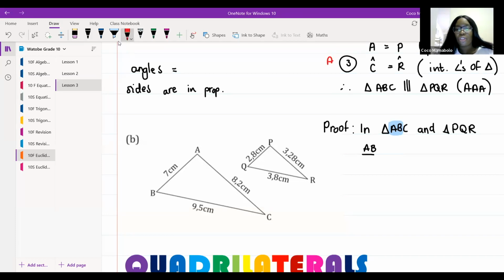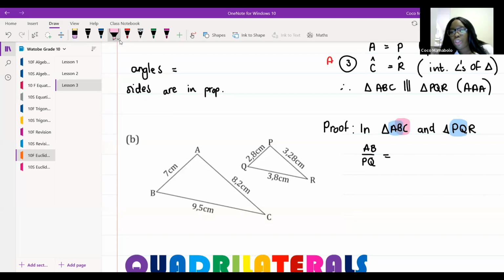I started this triangle at A, B, C, close triangle. And this one I started at P, Q, R, close triangle. So AB will have to correspond with PQ, exactly. So AB is in proportion with PQ, and that is equal to, if I take the other two, BC.